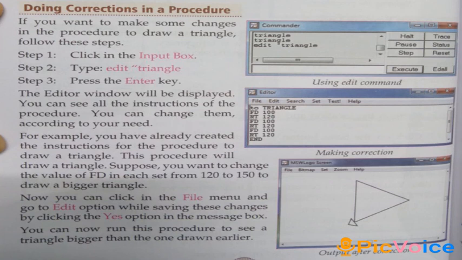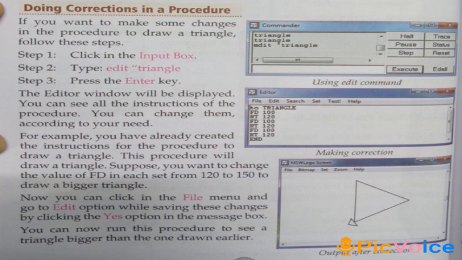If you want to make some changes in the procedure to draw a triangle, follow these steps. Step 1. Click in the input box. Step 2. Type edit triangle. Step 3. Press the enter key. The editor window will be displayed.